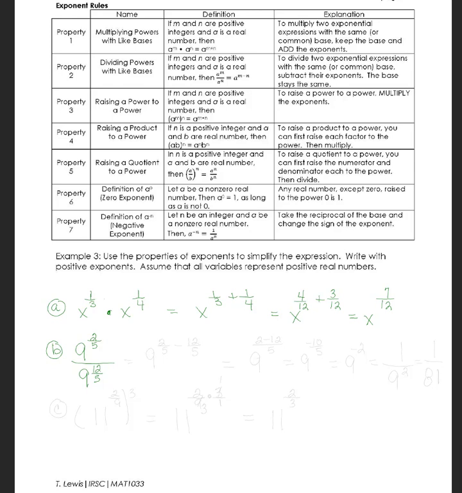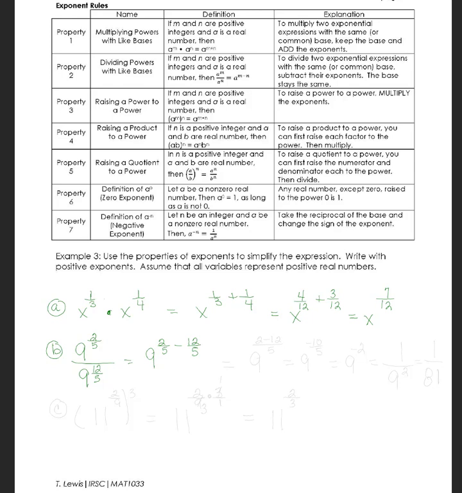What are we going to do to the exponents when it's a quotient? Subtract. So you're saying 9 to the 2/5 minus 12/5. You're going to bring up that exponent that's in the denominator and subtract it from the exponent that's in the numerator.